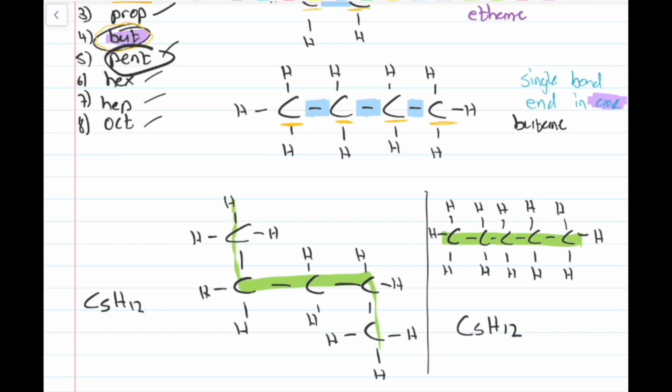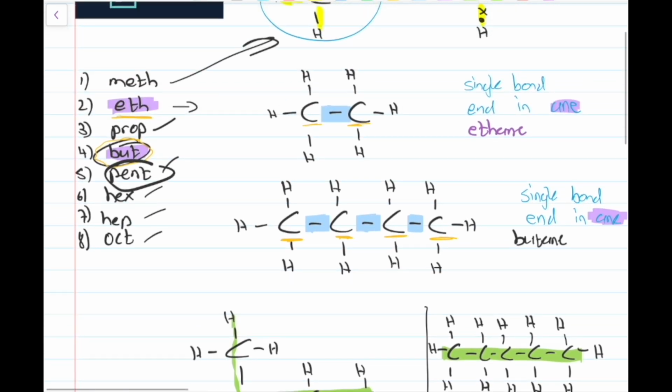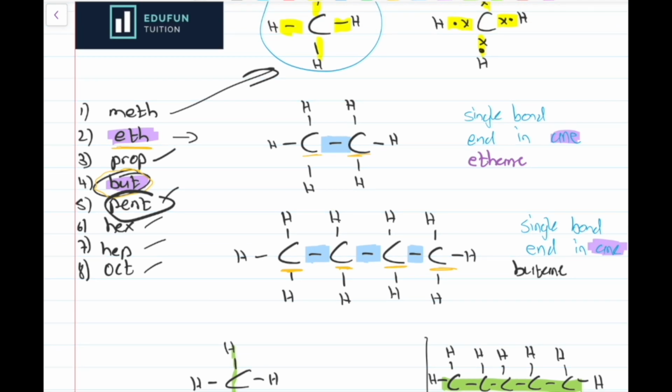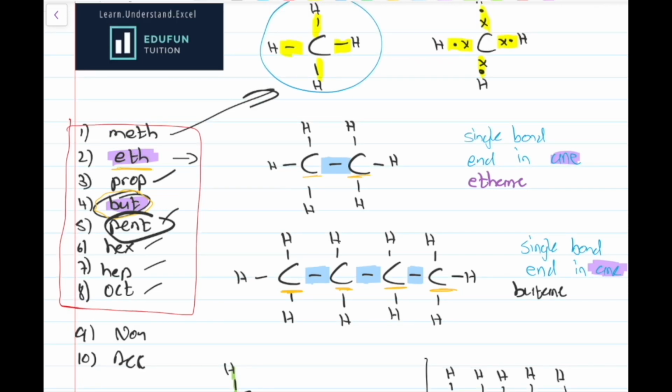Right, so get to grips with the continuous chain, as well as knowing 1, 2, 3, 4, 5, 6, 7, 8. You don't really need to know more than that. If you do, 9 is non and 10 is dec. Please make sure you understand this stuff before we get to that first lesson.